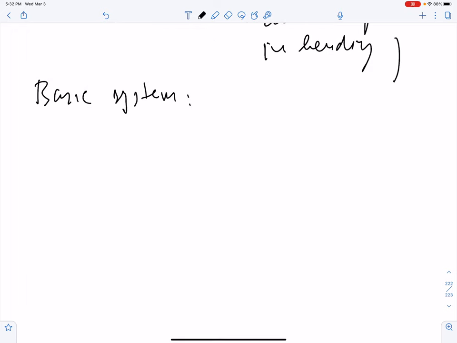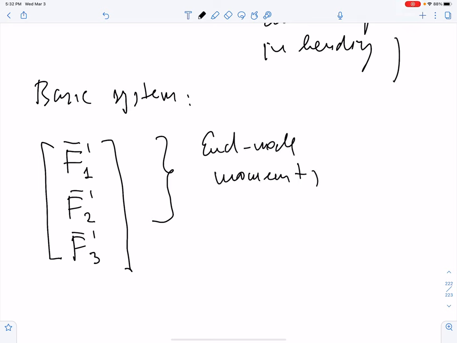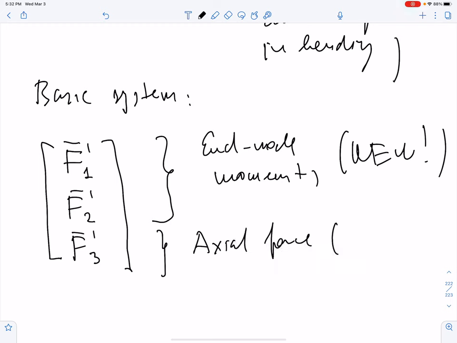Rather than one force, we now have three. F over bar prime 1, F over bar prime 2, F over bar prime 3. The first two will be referred to as the end node moments. These are the new guys that you haven't seen yet. And F3 is your usual axial force. And this is as before.